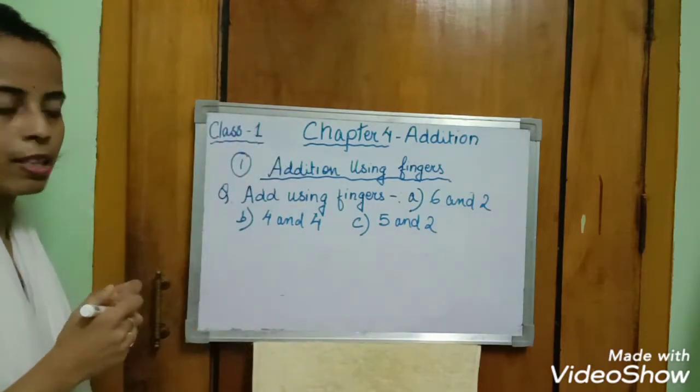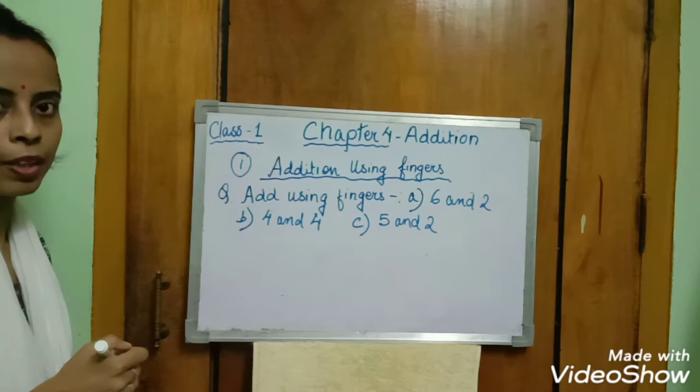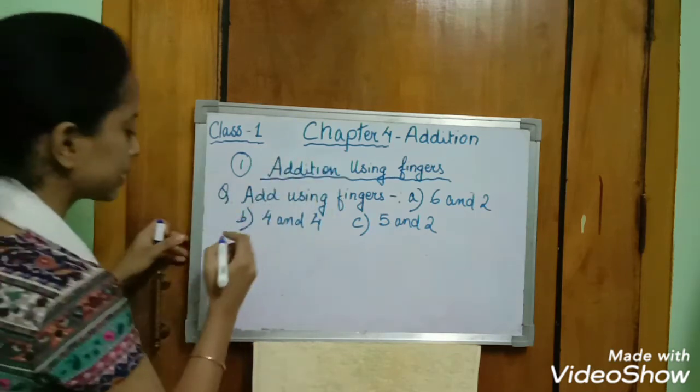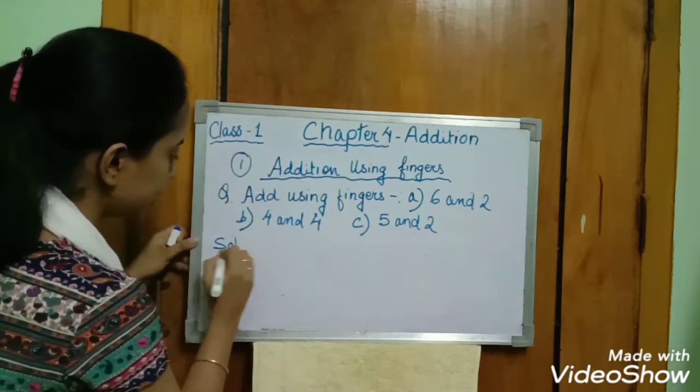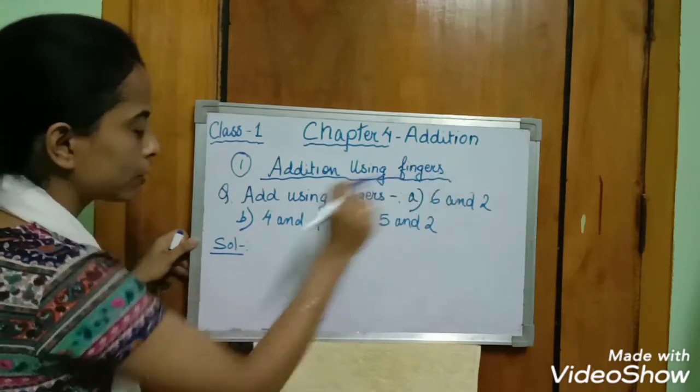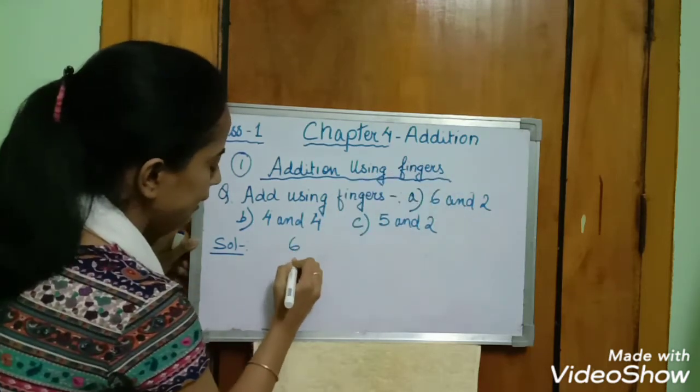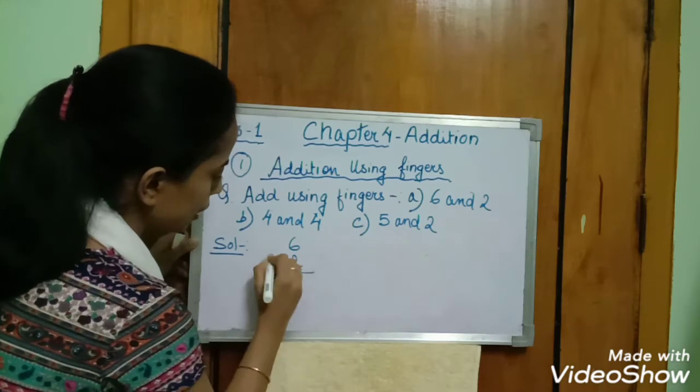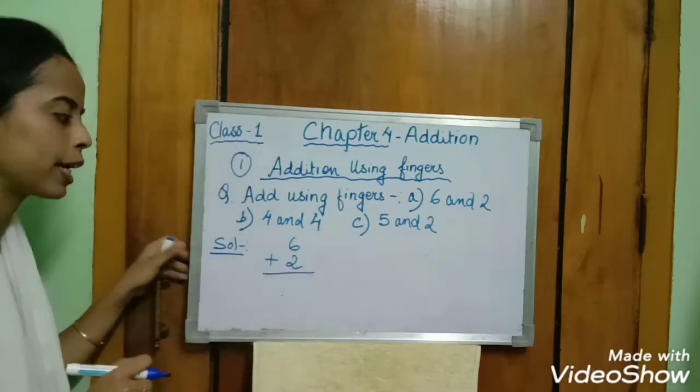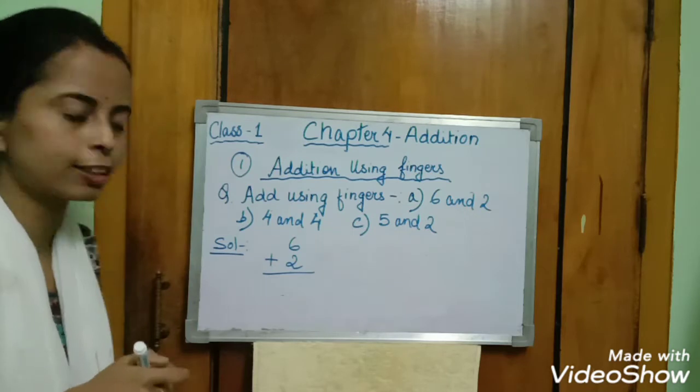Again, another example I am taking. The first one is 6 and 2. Solution. Solution means that we will find out the answer. Add 6 and 2 to get the sum, to get the answer.